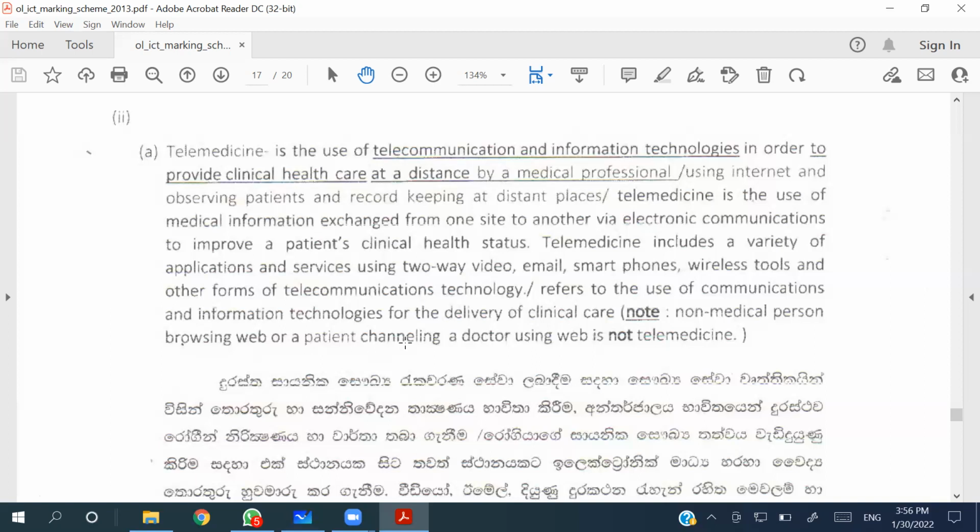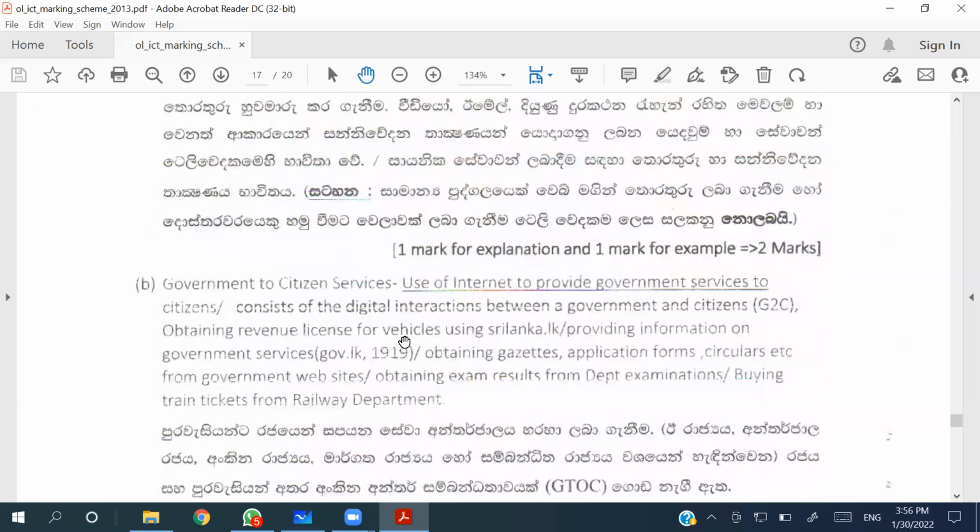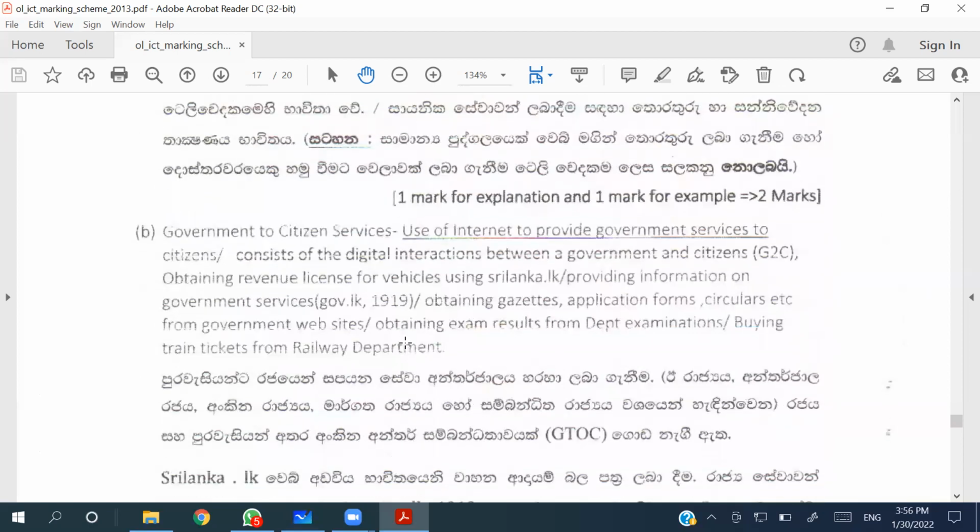Okay. So moving forward. The government to citizen services. Right? So you have to clearly specify that the government to citizen services or government to consumer services are given by the government to their citizens in an online manner or an electronic manner, right?